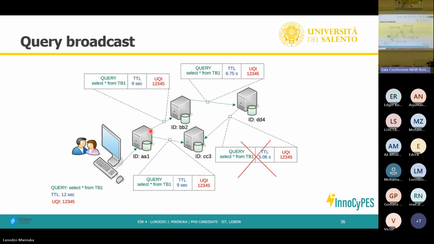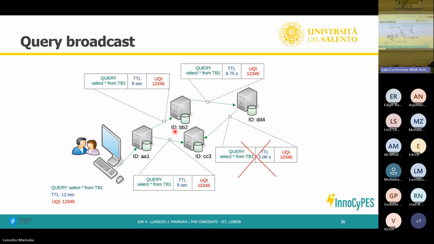But again, that's a bit tricky, right? Because some peers can receive the same query twice, because you can belong to more than one routing table; there is no rule that you only belong to a single routing table. So yeah, an example is here. Peer AA1 forwards a query to BB2 and CC3. And whenever we are forwarding a query, remember we have introduced the time to live.